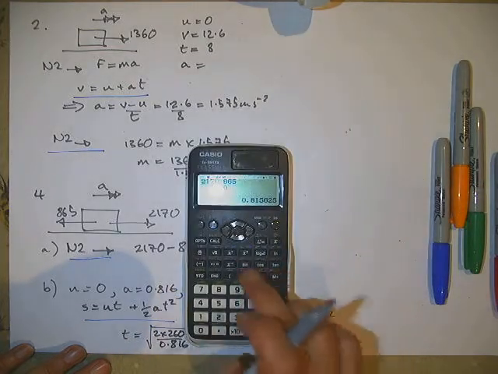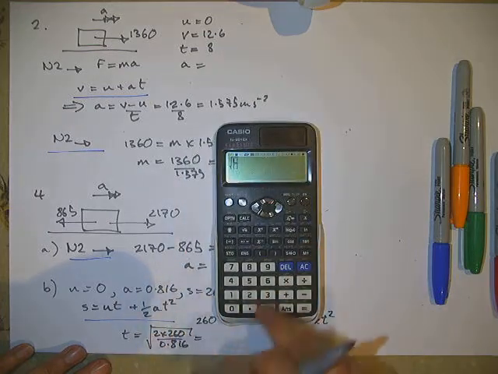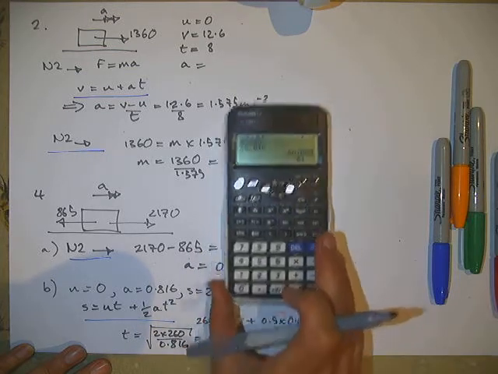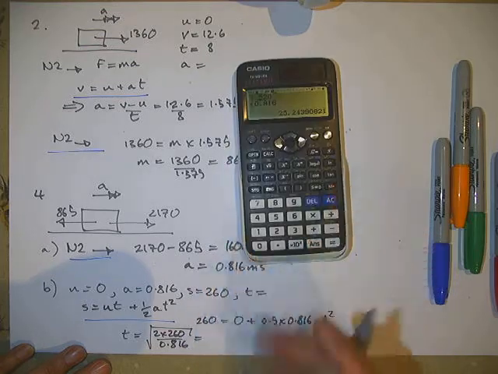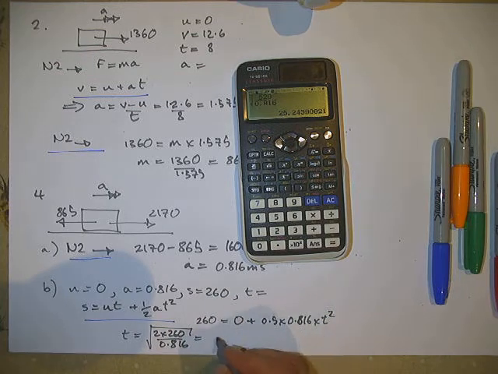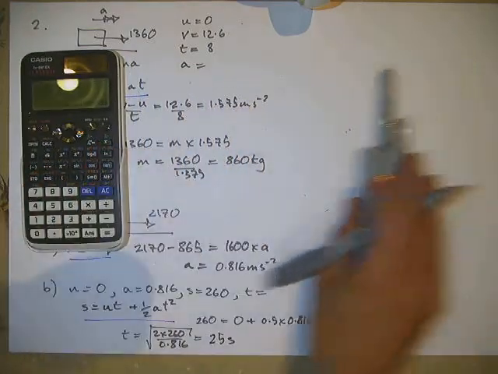What's that give us? Square root of a fraction, 520 on top, 0.816 underneath. Oh, 25.2. 3 sig fig, 2 sig fig, 2 sig fig, I think this time. 25 seconds. So that's questions 2 and 4.